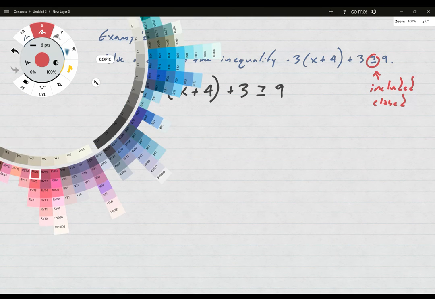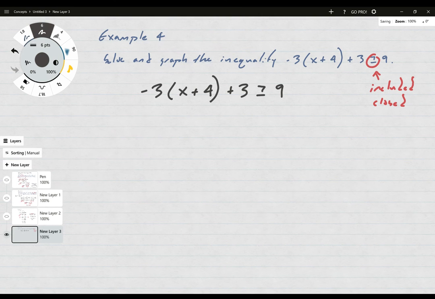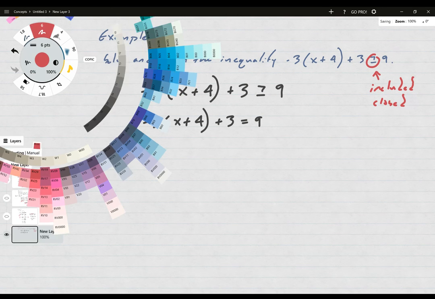First thing I need to do is rewrite this as an equation to make it easier for me to solve. Equals 9. Now I have a coefficient, which is negative 3, outside of parentheses. We've talked about that if you have a coefficient on the outside of your parentheses, you can use the distributive property.